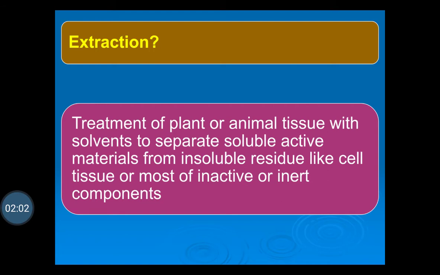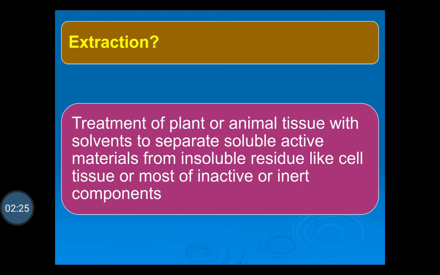So what is the extraction? Extraction is the treatment of plant or animal tissues with solvent to separate soluble active materials from insoluble residue like cells, tissues, or most of the inactive or inert components. That is the extraction.